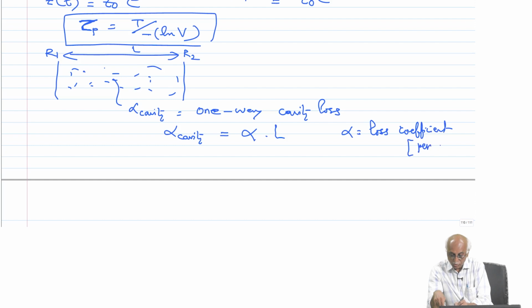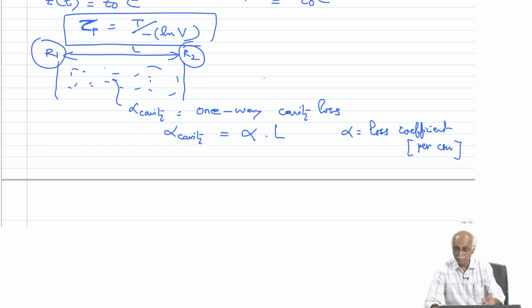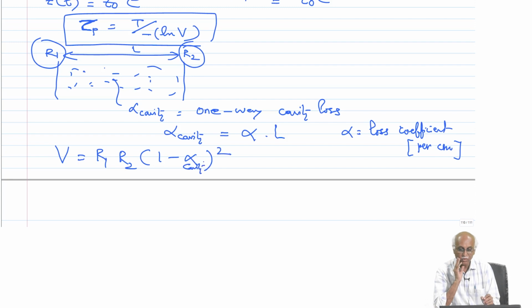So alpha of the cavity is alpha into L, where L is the length of the cavity. Now, if we express these losses with R1 at one mirror and R2 at another mirror and alpha of the cavity, V is nothing but R1 R2 times (1 minus alpha of the cavity) squared. So this will be the V factor.